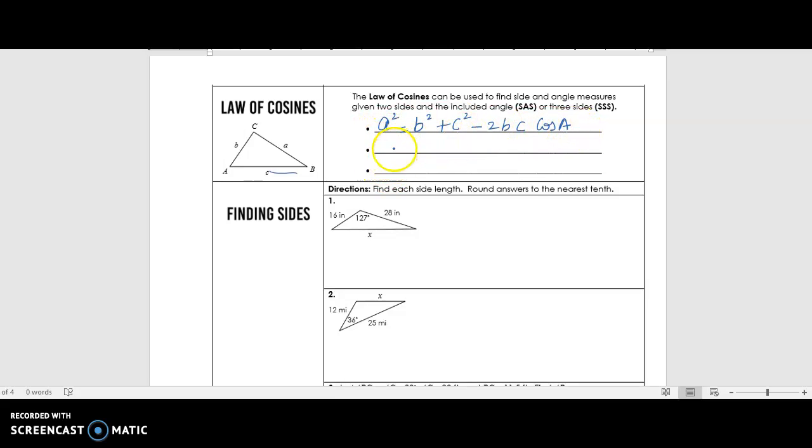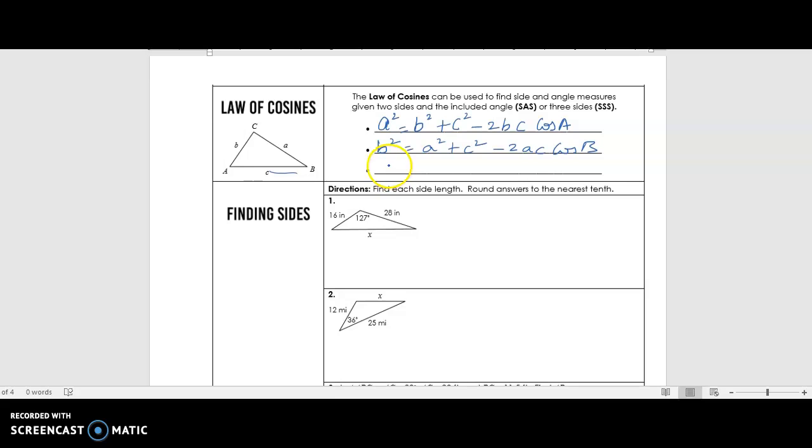Same way, we can use this pattern to find the other two also. If you want to find b squared, if you know the angle B, then b squared equals a squared plus c squared. So leaving behind b, the other two sides are a and c. So you can form another formula: b squared equals a squared plus c squared minus 2 times ac cosine of B, because we started out with b squared.